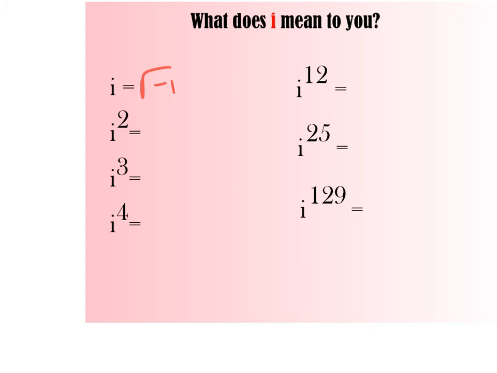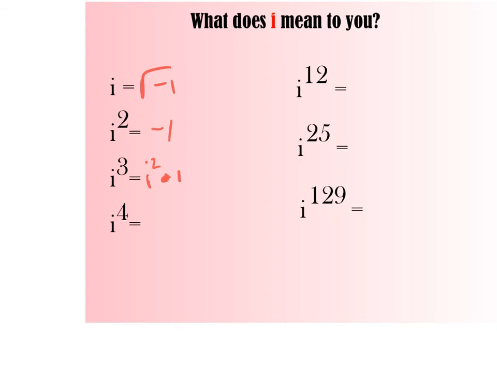i to the third. Would you agree that i to the third has got an i squared and an i? So this one is negative 1. This one's i squared. I really strongly encourage you to write both.